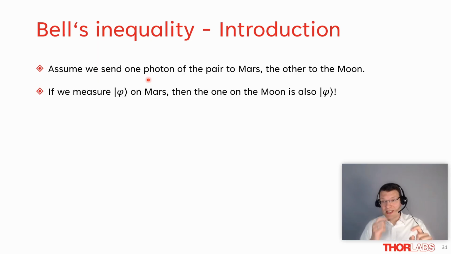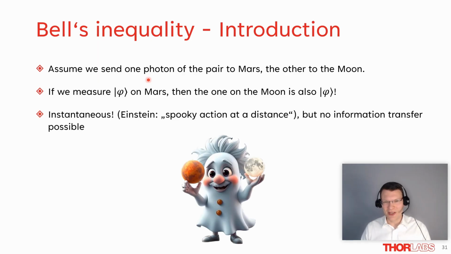The crazy thing is, when I do the measurement on Mars, so I have my polarizer with orientation phi, and I'm measuring, and my photon state decides, okay, I'm phi, then the photon on the moon is also in phi. And that's crazy because it kind of has to be instantaneous, right?